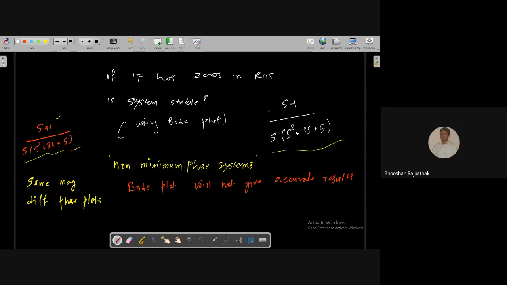If you have same denominator but one zero in LHS, one in RHS, then the magnitude plot will be same, phase plot will be different. And that is why Bode plot method fails. It will not give you accurate results, and here you require Nyquist plot. So you can check this by drawing the Bode plot for both of these examples.